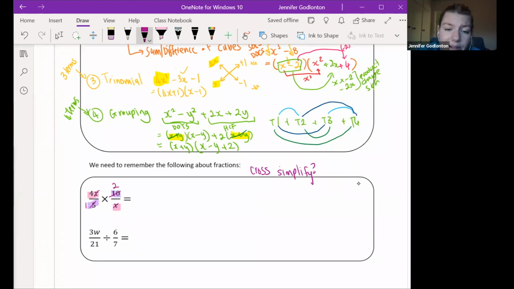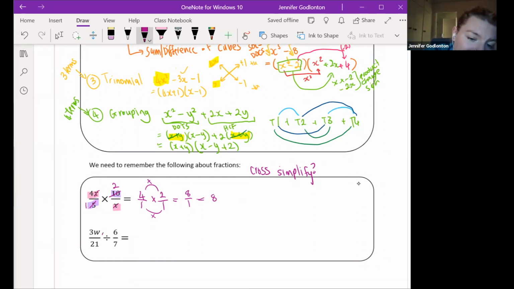So if I rewrite those fractions, I would have 4 over 1 times 2 over 1, and that would just give me 8. Cross simplifying really is our friend. We multiply our tops and we multiply our bottoms. Anything over 1 is just itself, so then we can write it as 8.